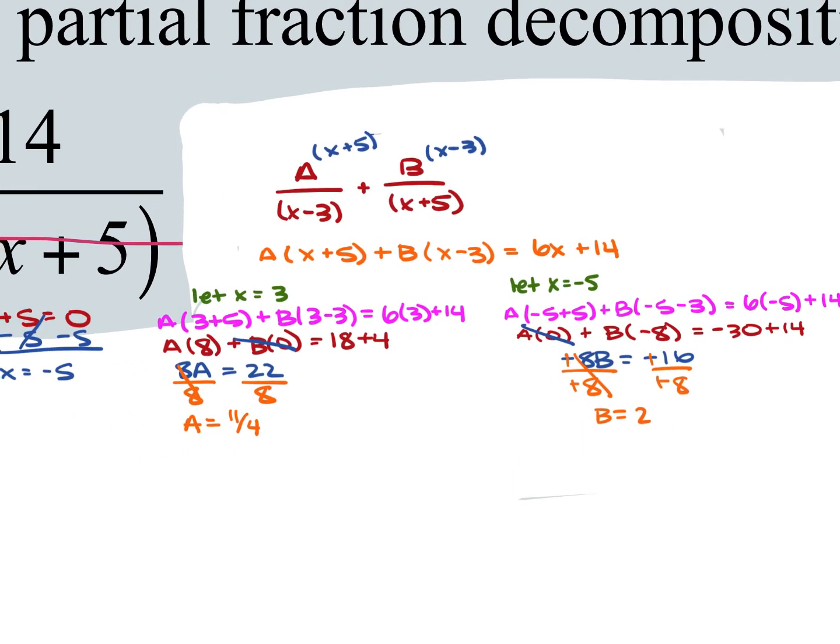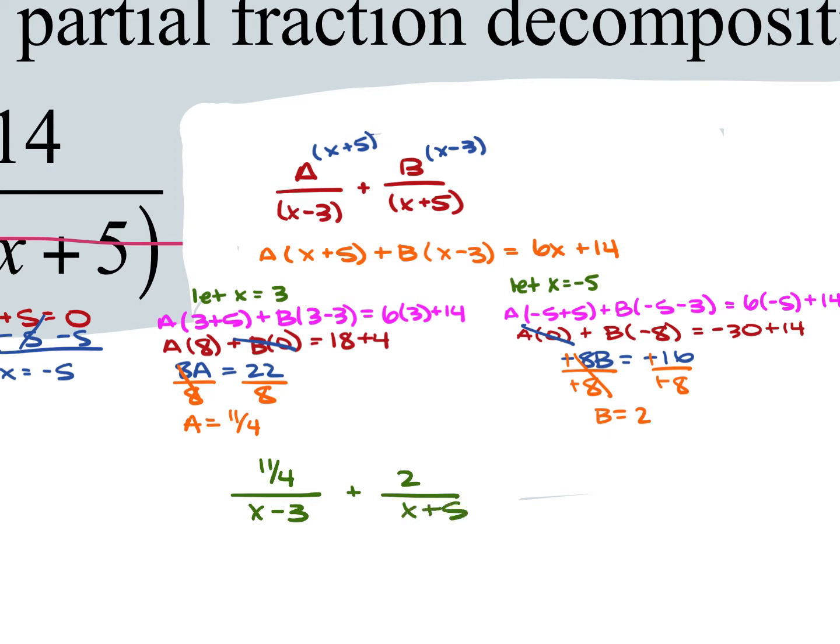Now that you have what a and b are, plug them into the very top that we had, that a over x minus 3 plus b over x plus 5. This is going to give us 11 over 4 over x minus 3 plus 2 over x plus 5.